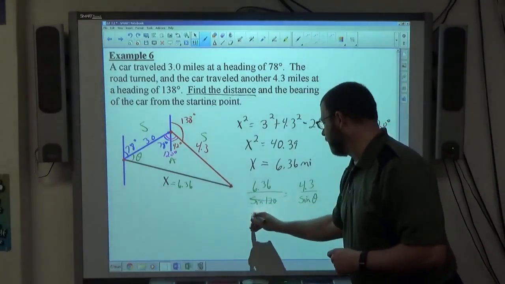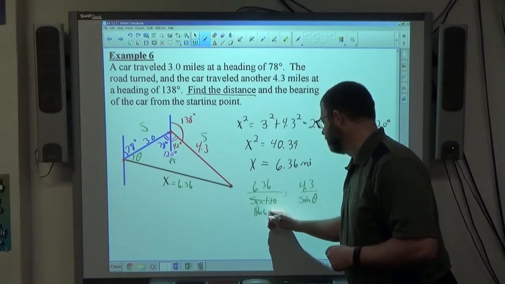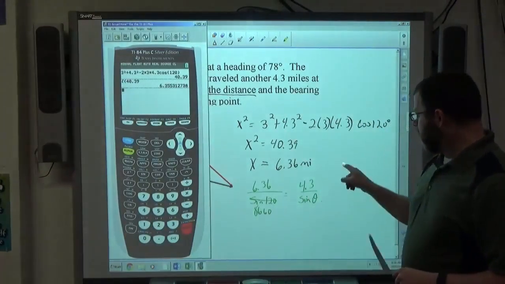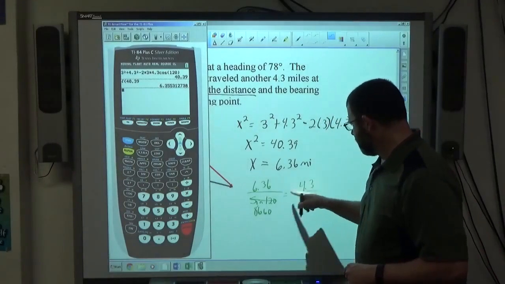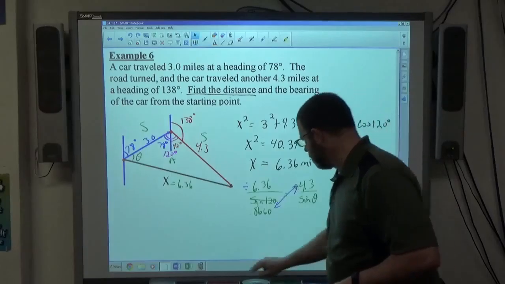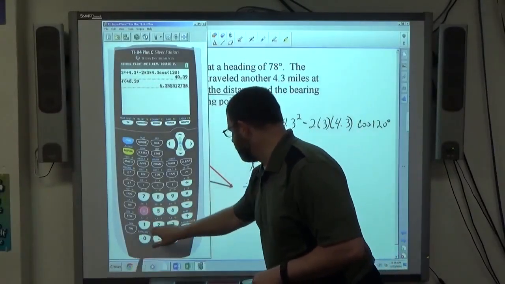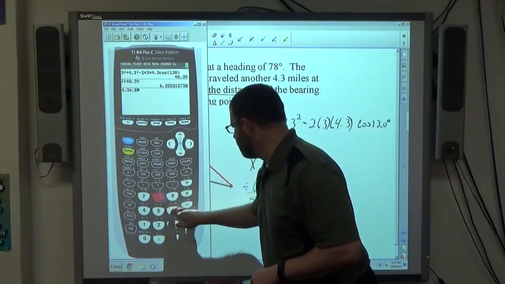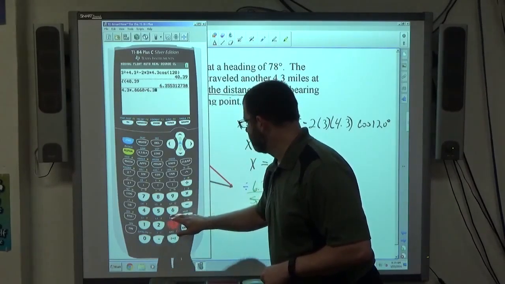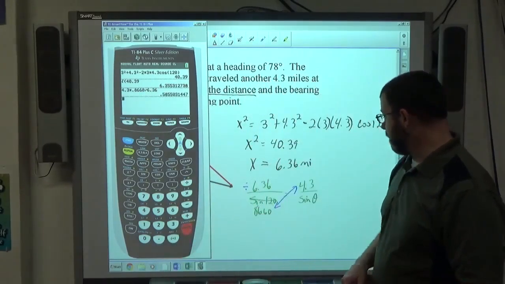Sine of 120 in the calculator is 0.8660. I've seen that one enough, I just happen to know what it is. And if I cross multiply, it's this times this, divided by that. So 4.3 times 0.8660 divided by 6.36 comes out to 0.5885.